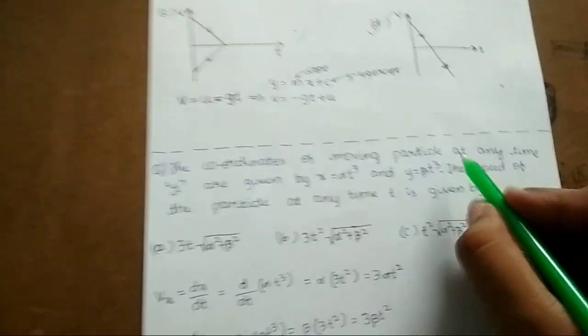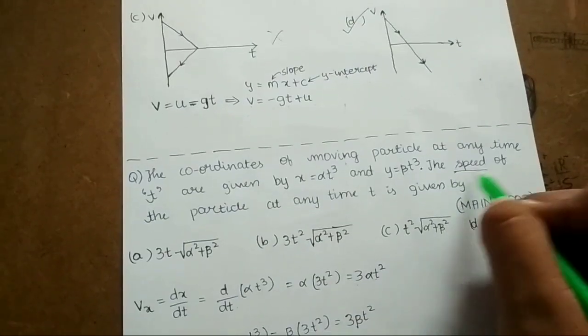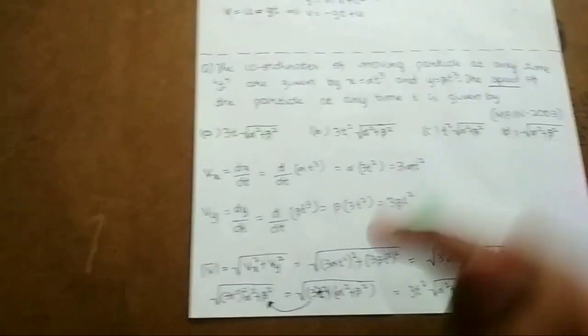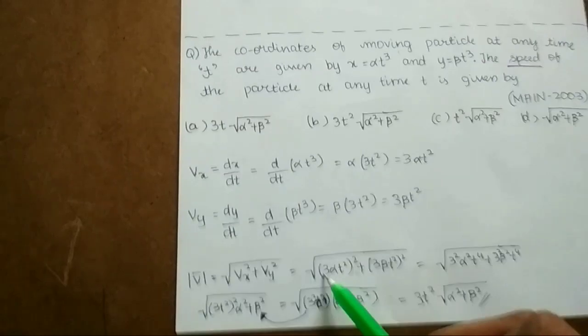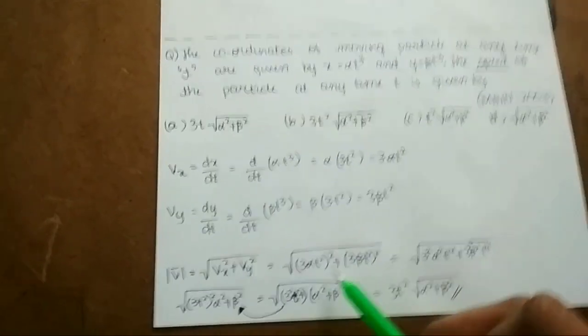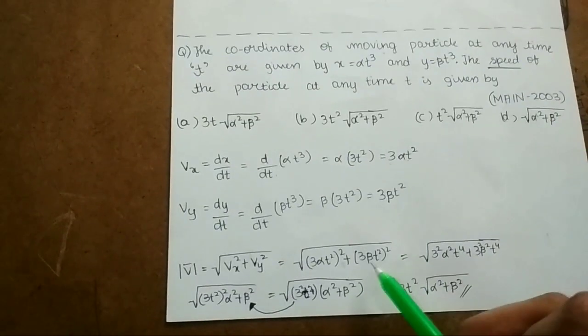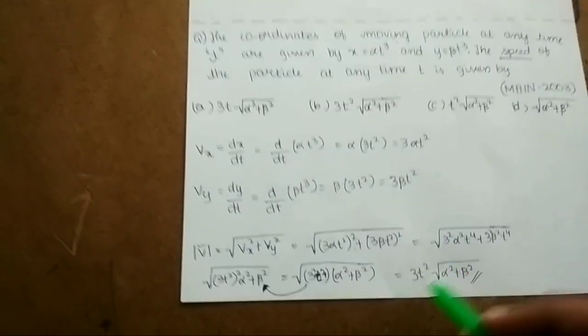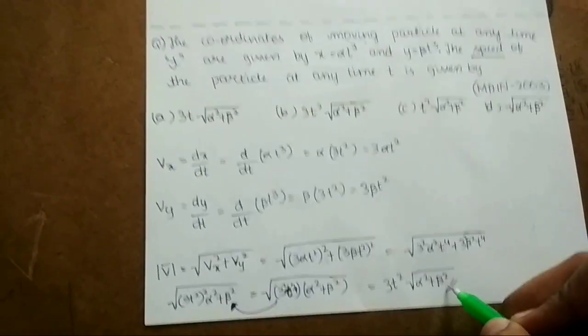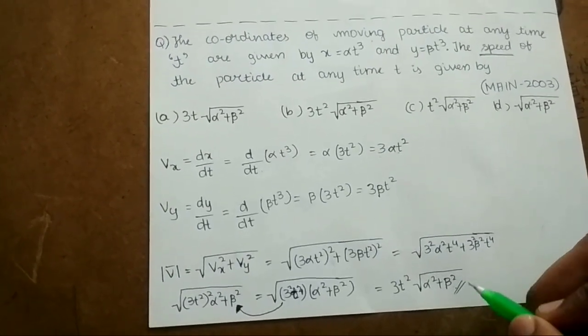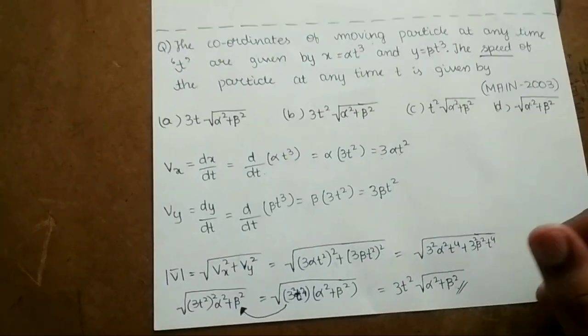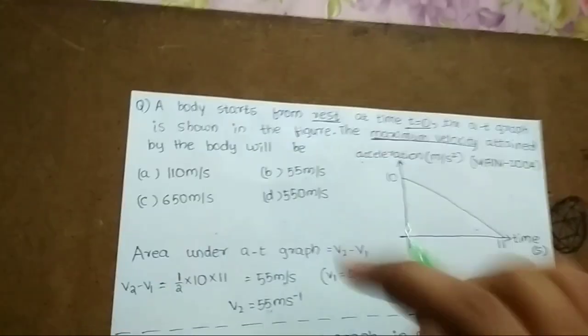But in the question we were asked the speed of the particle. Speed of the particle is nothing but root over vx square plus vy square, that is root over (3 alpha t square) whole square plus (3 beta t square) whole square. By simplifying it, we get speed of the particle is equal to 3t square into root over alpha square plus beta square.